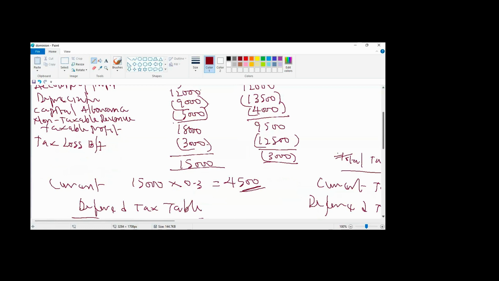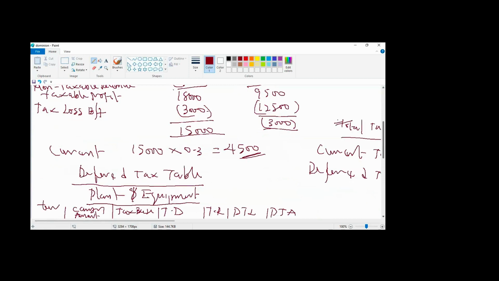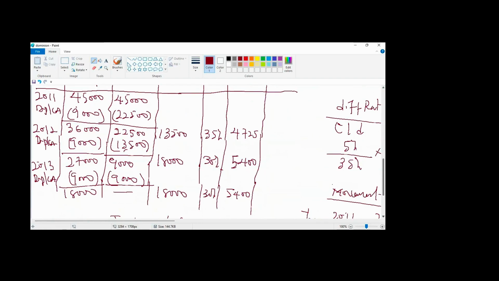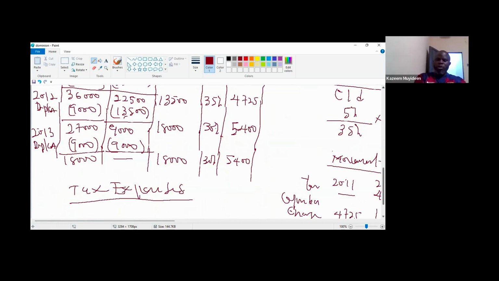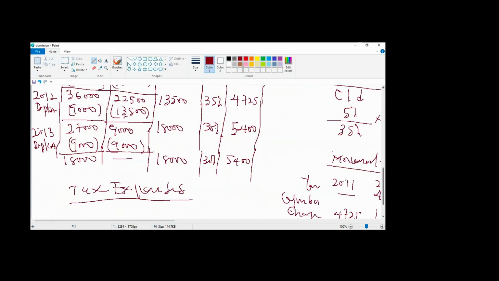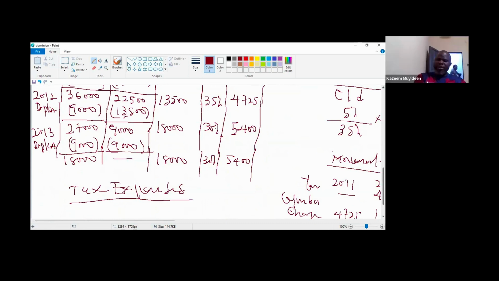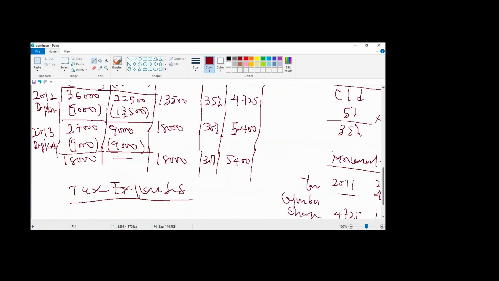Okay, sir, that one is clear. Then the deferred tax, sir. Sir, can you come down? Yes, the tax expense. We did not do the tax expense there, unless you want me to do it now. Sir, let's do it, sir.